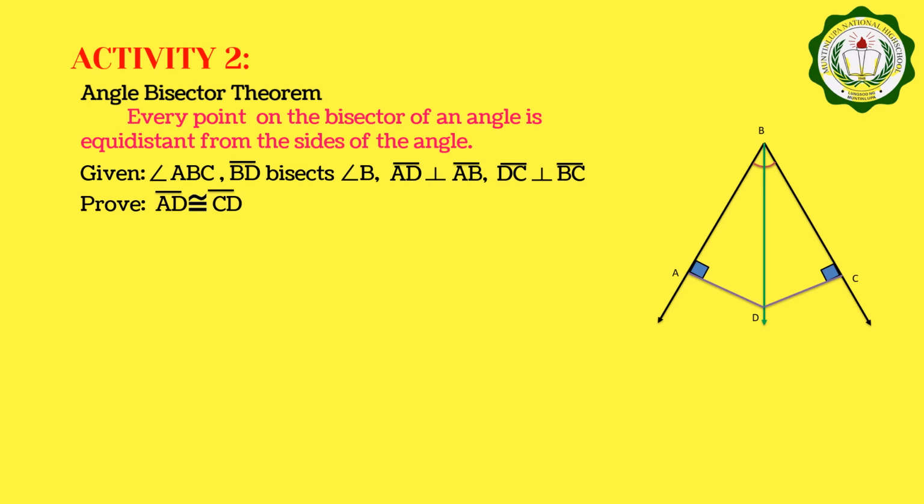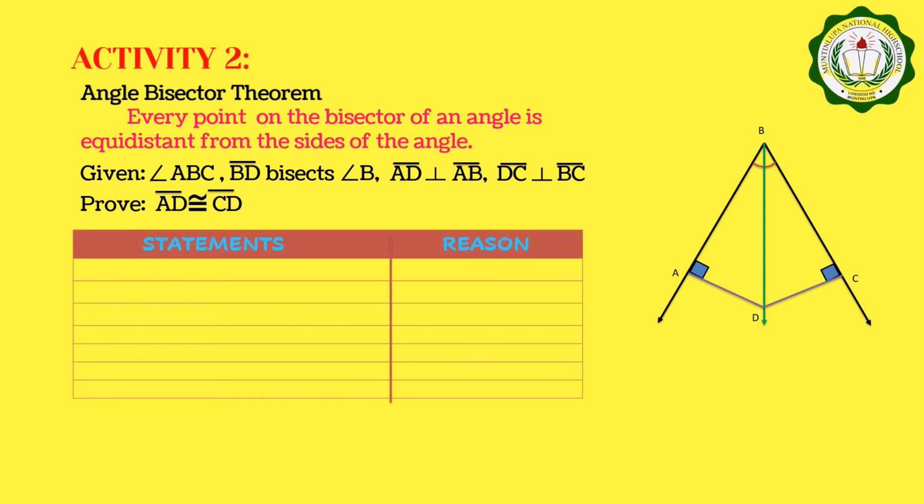Okay, let us now have the two-column proof. We have the statements in the first column and the reasons in the second column. Again, we can start our statements from the given. Segment BD bisects angle ABC, and then we have AD perpendicular to AB, DC perpendicular to BC. The reason is given. Let us now deduce the next statement from this. From the given statement, we can say that angle ABD is congruent to angle CBD.